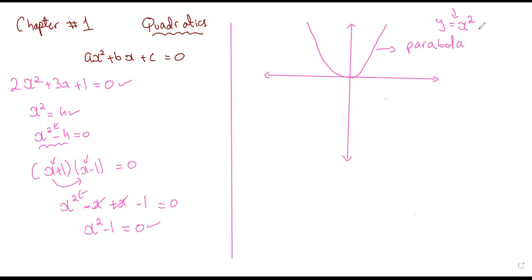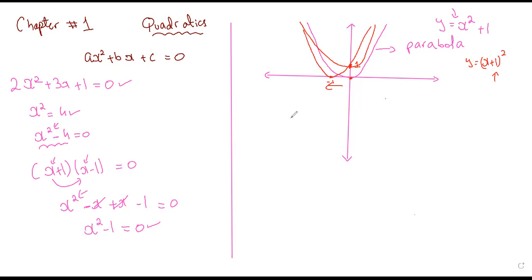For example, if I say I'm adding plus 1, if I'm adding 1, this point will move 1 unit above and my graph would look like this one, right? This would be 1. Okay, then what if I had x plus 1 square, okay? We discussed all this. When we add 1, we move the graph to 1 unit left. So this would move to 1 unit left and this would be minus 1 and this would be the shape.